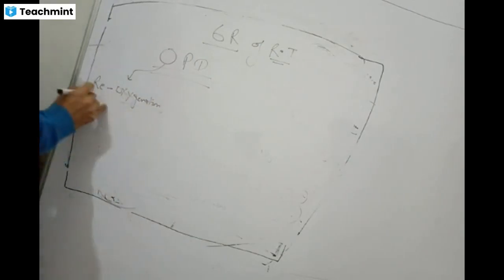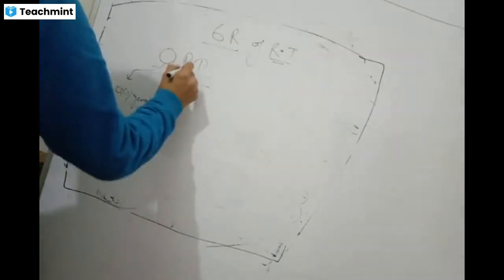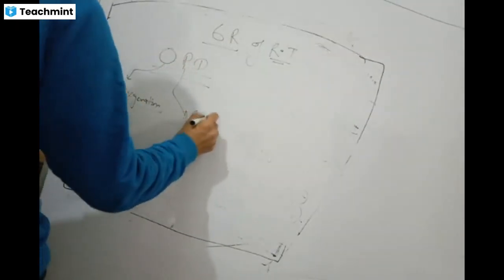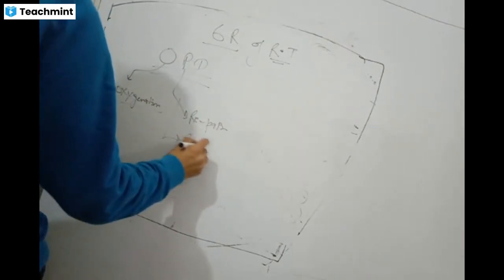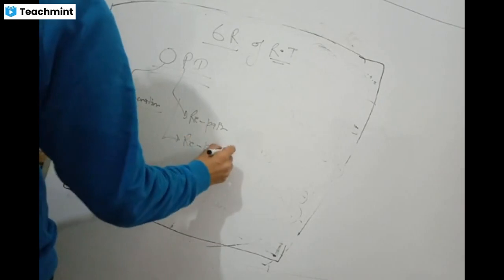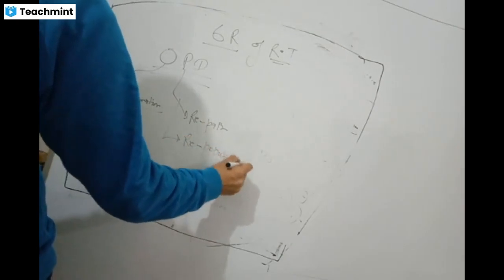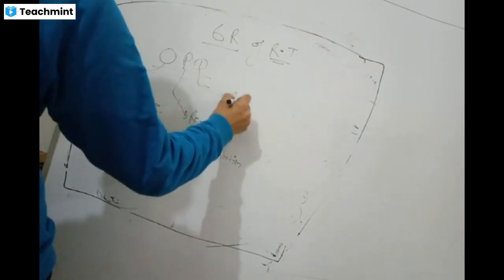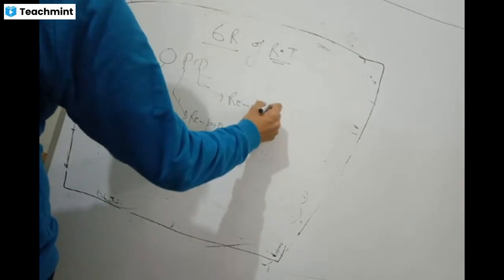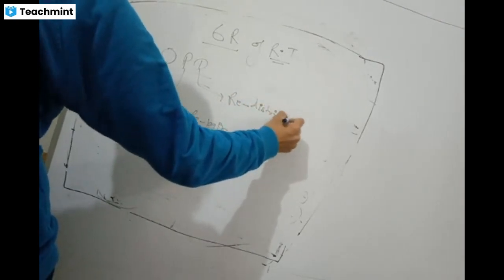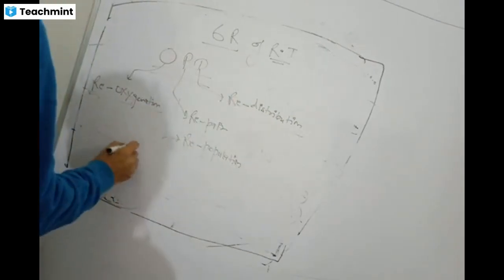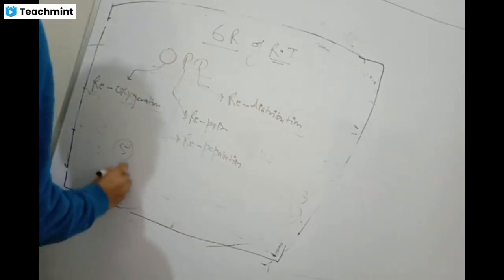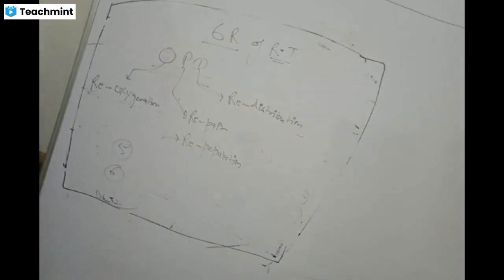Re is common. Reoxygenation. P is repair. And again P is repopulation. And D is redistribution.